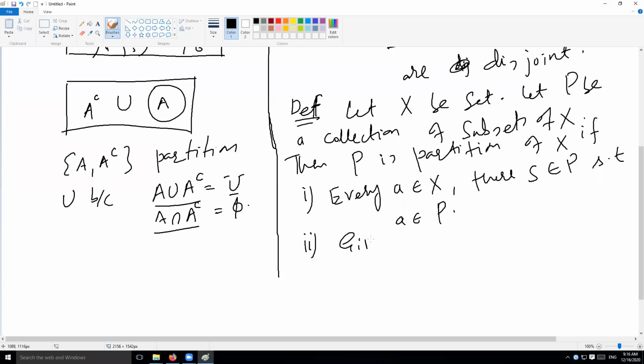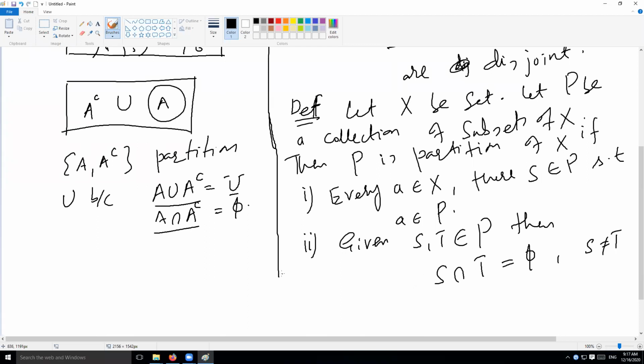And if I give you two sets, say S and T from the set P, then S intersection T is empty, provided that S and T are two different sets.